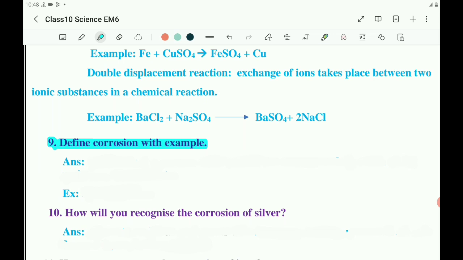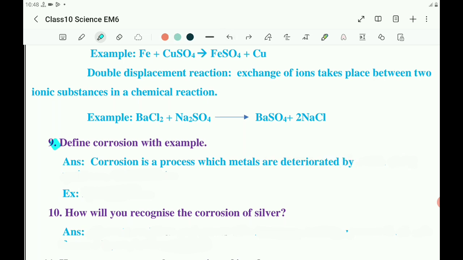So let us write the answer. What is corrosion? Corrosion is a process in which metals are deteriorated by the action of air, moisture, chemicals, etc. An example you can give, rusting of iron.